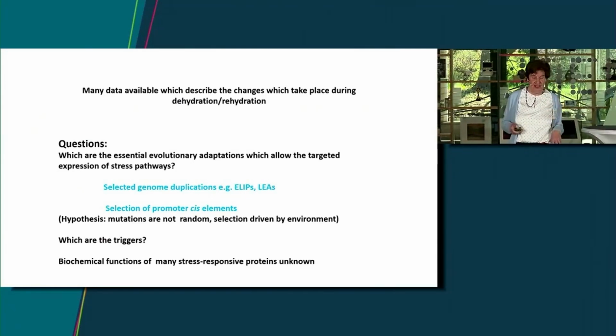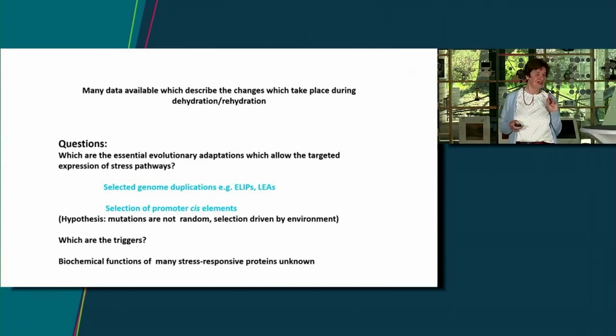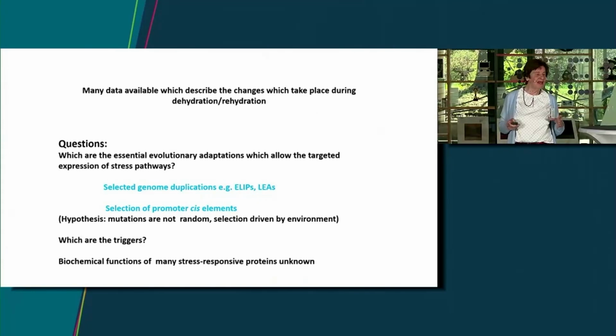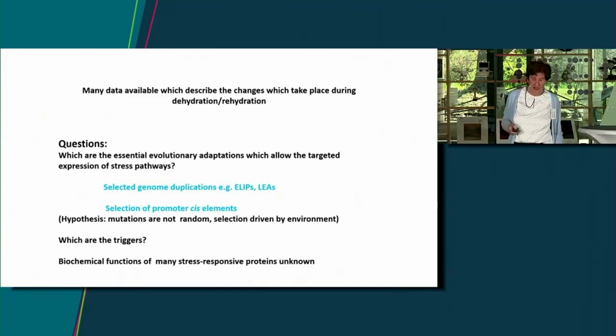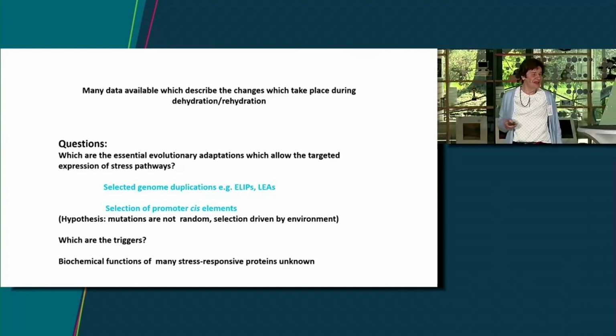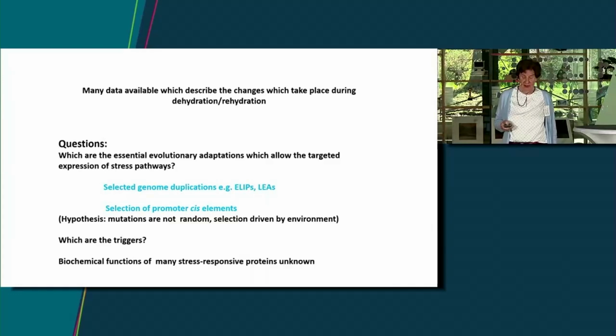And the big question is, which are the signals which trigger these processes? We have done some experiments, and I have no time to show you this, looking at the cell wall, and I told you that there is a shrinkage of the cell which leads to mechanical stress, and we see changes in the cell wall composition, and we also see changes of potential signals, which includes a kinase, which we have studied in more detail.